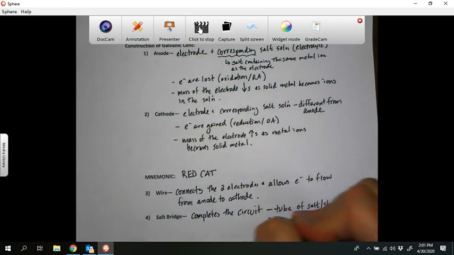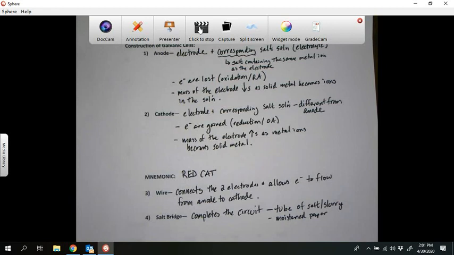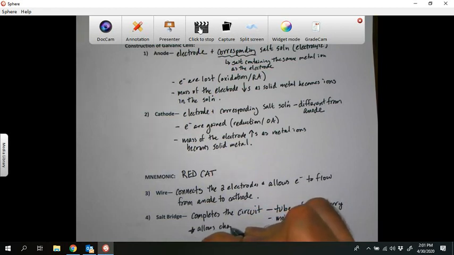It could be moistened paper, and it would have like an ionic compound on it in solution. And this allows charge distribution. So it allows ions to flow because we're pulling electrons from one side of this unit to another. One side would become really highly negative, one side would become positive. This helps balance the electrical charge in this circuit.